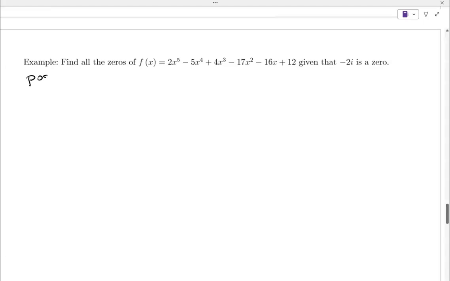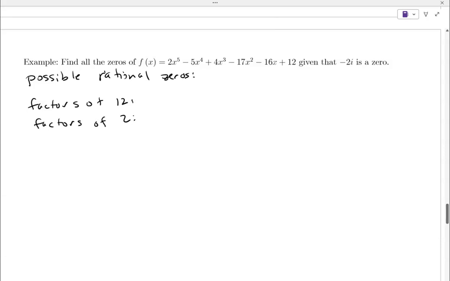When we look at possible rational zeros, what do we look at again? Good. So we need factors of 12 and factors of 2. Remember doing these last time? What are the factors of 12? 1, 2, 3, 4, 6, 12.